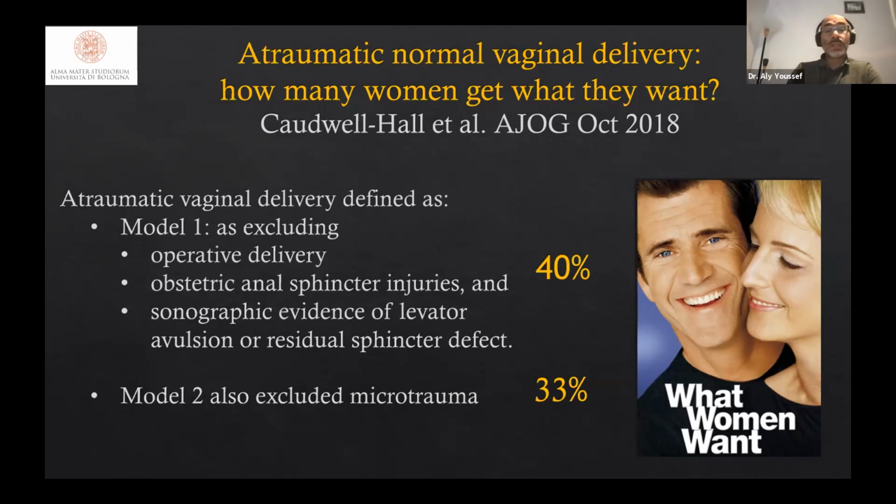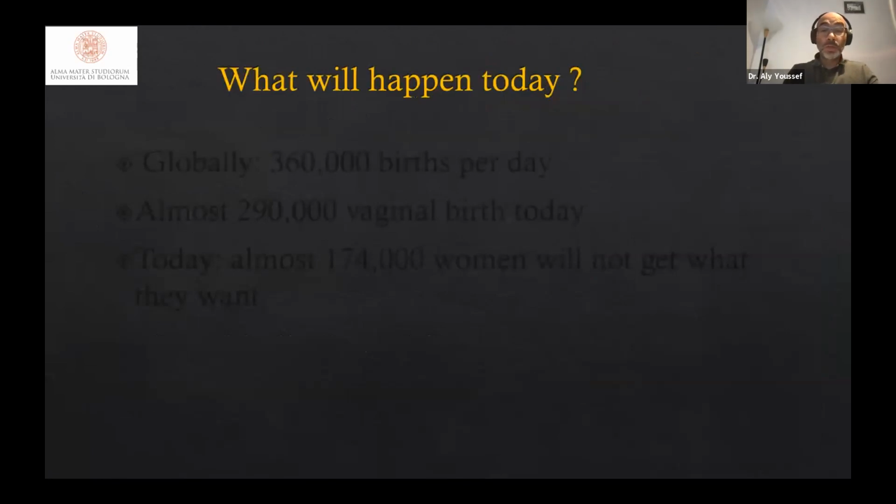So this actually raises the question of what outcomes should be considered for a successful vaginal delivery, and what outcomes should be considered to follow up and to assess the performance of a labor ward.